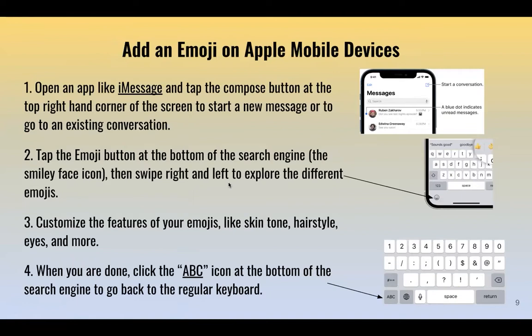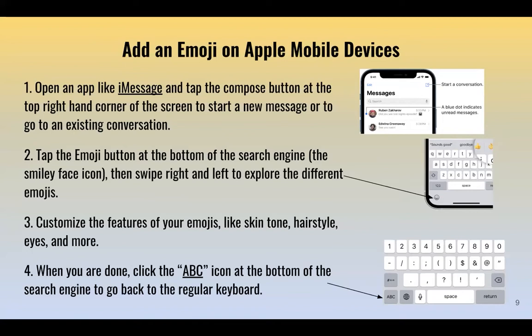So here's how to add an emoji on Apple mobile devices. So open an app like iMessage and tap the Compose button at the top right-hand corner of the screen to start a new message or to go to an existing conversation.